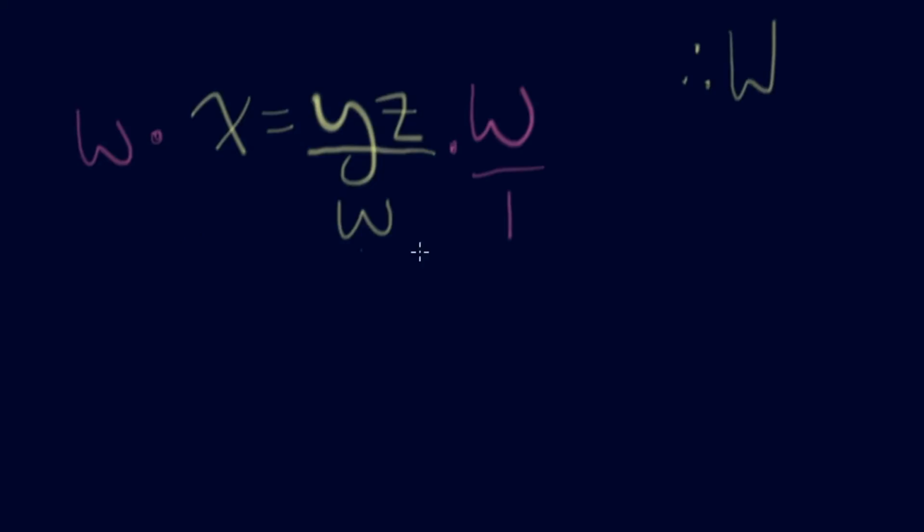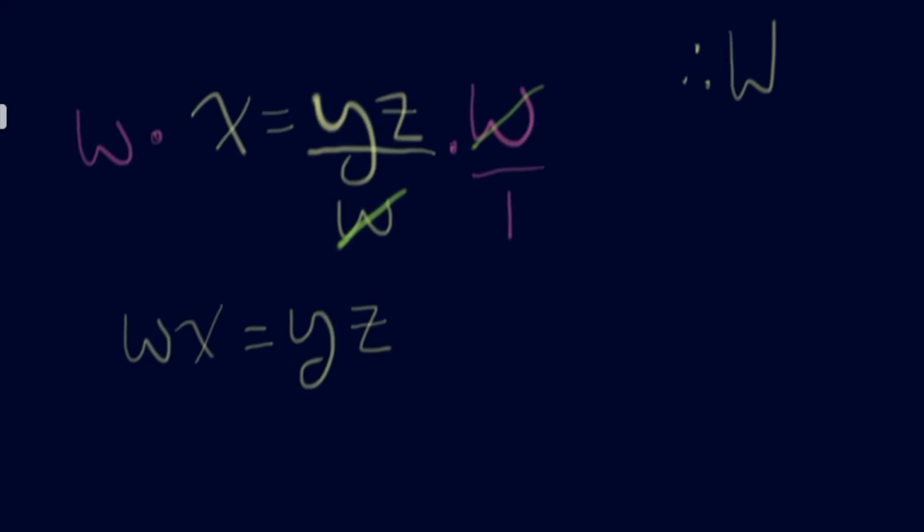So what am I left with now? I am now left with wx, and that's going to be equal to, well, what happened over here? When you multiplied both sides by w, that eliminated the w's, leaving me just with yz.